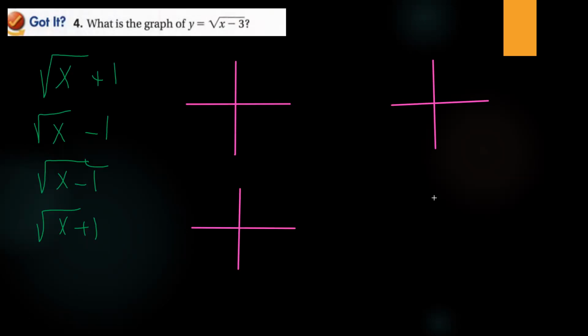Let's draw now 4 axes. Now then, let's solve the first one. Name it with A. So here we have A.